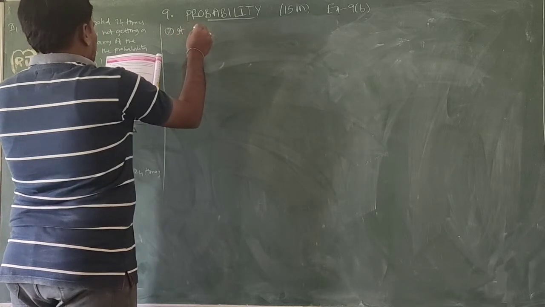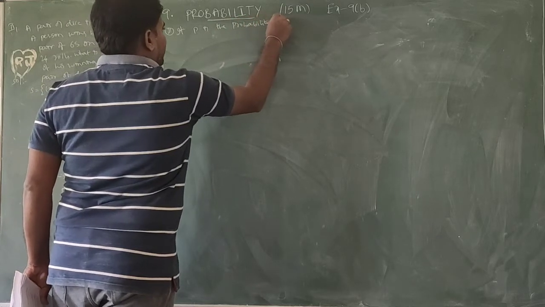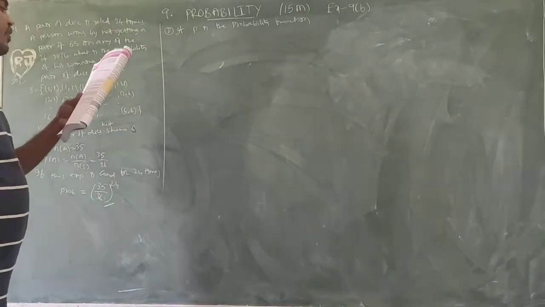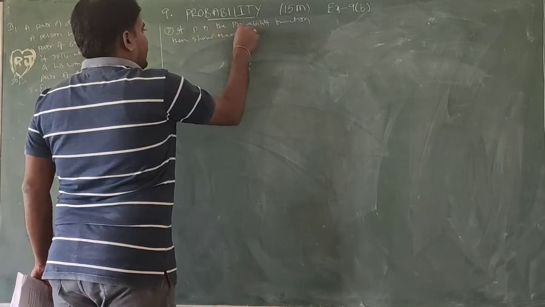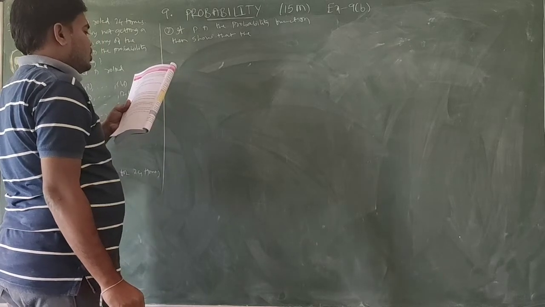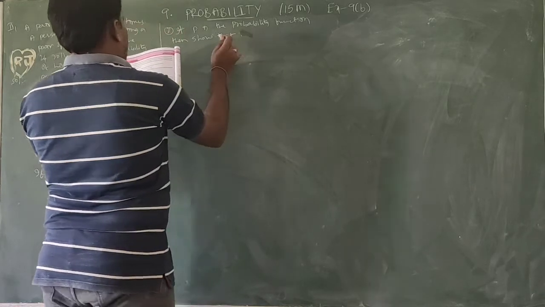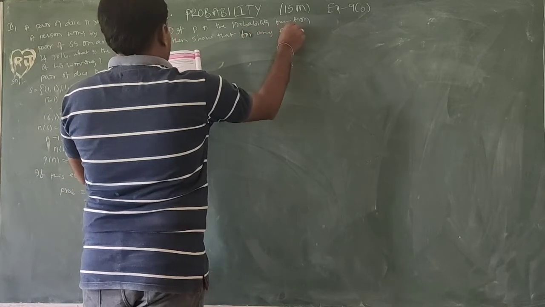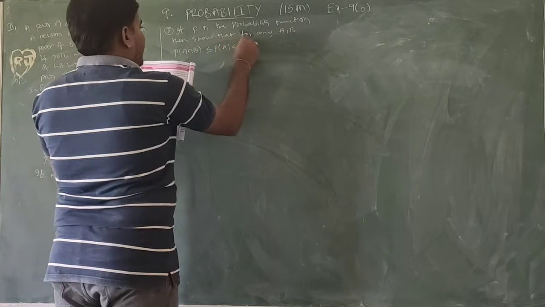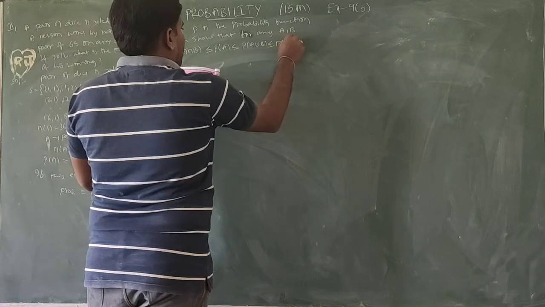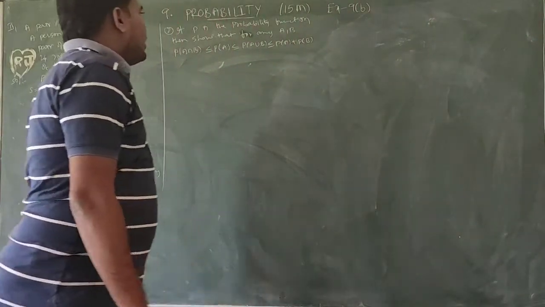If P is the probability function, then show that for any events A, B, P of A intersection B is less than or equal to P of A, less than or equal to P of A union B, less than or equal to P of A plus P of B. Okay, so we need to prove this. P is the probability function.